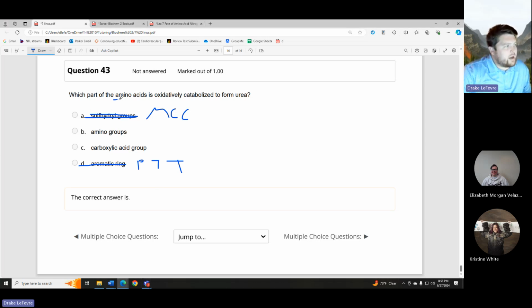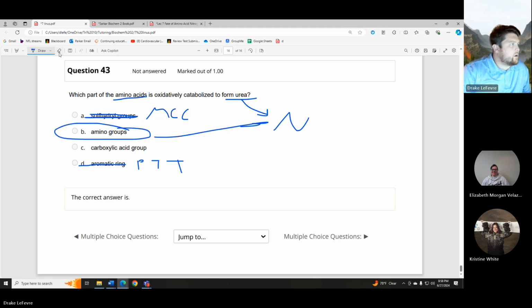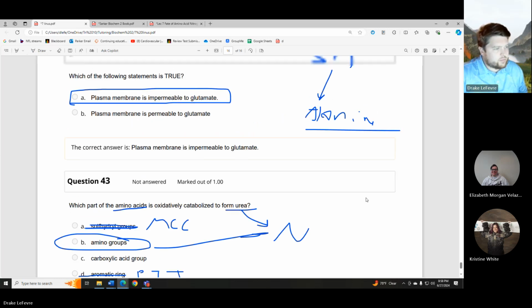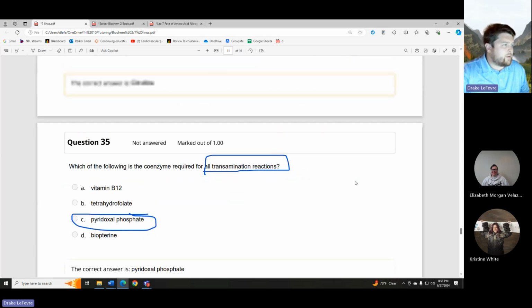So, in the amino acids, what forms urea is nitrogen. It looks more like an M instead of an N. It is nitrogen, as our amino groups are our source of nitrogen. That one went pretty quick.